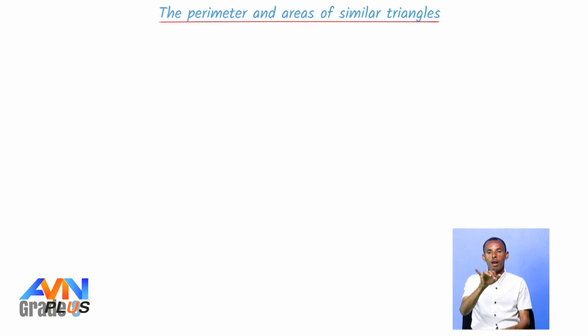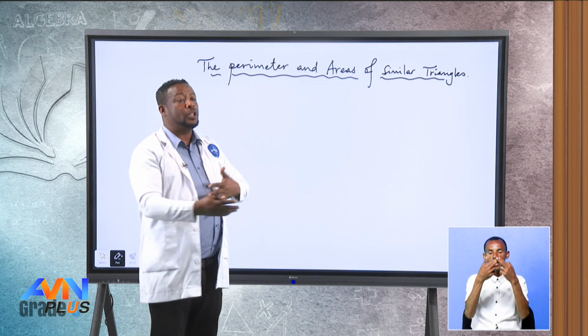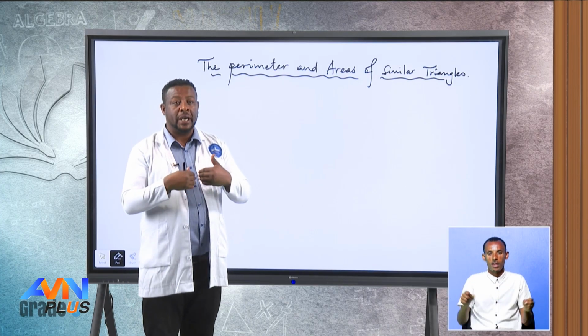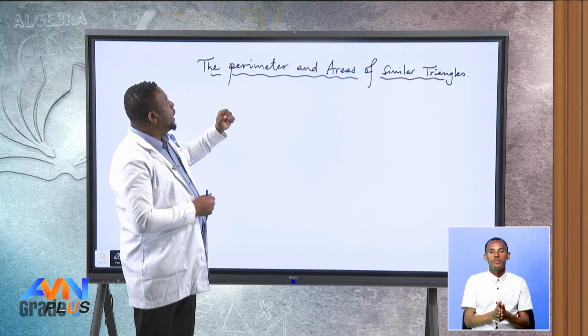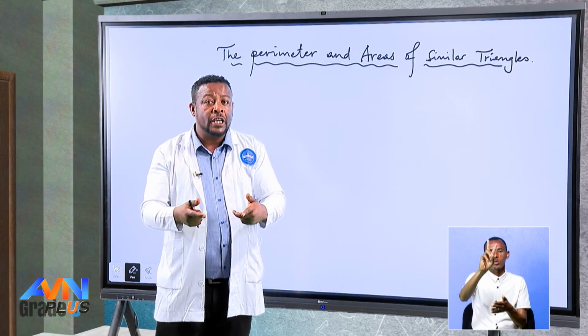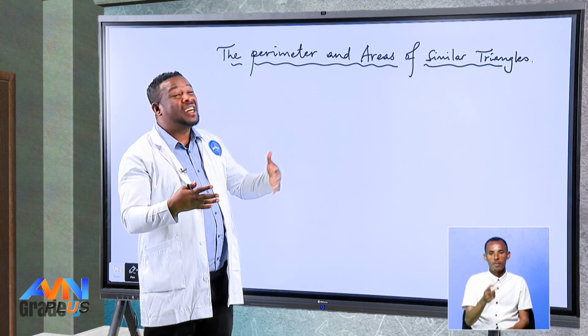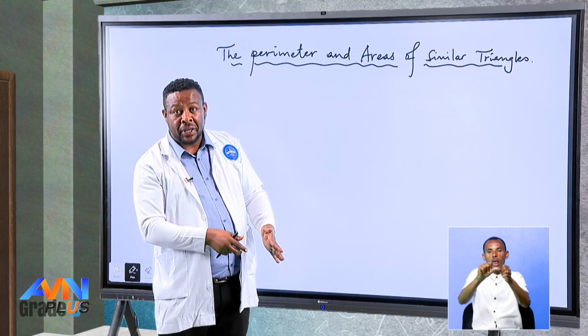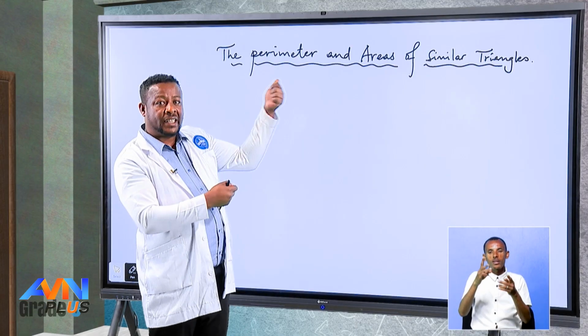So under this topic, we will try to see a certain relationship between the perimeters and areas of similar triangles. To explain this, I will take two triangles so that we will see the relationship between sides, perimeters, and areas, right? I will try to include sides in this topic.